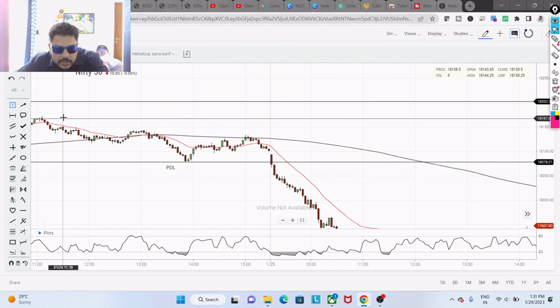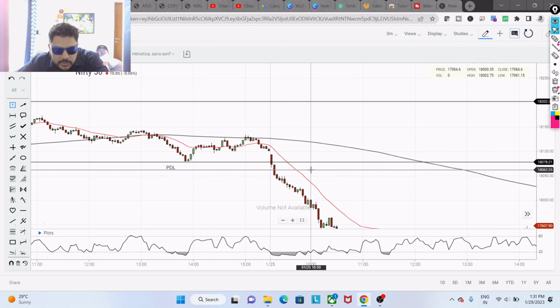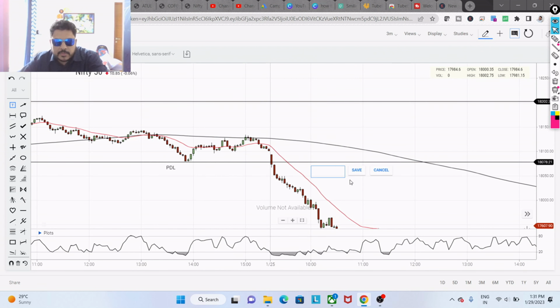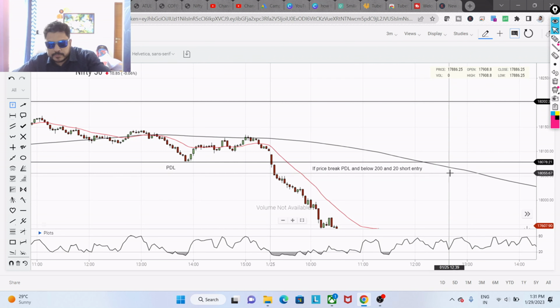What is the indication we are getting here as per the rules? If price breaks the previous day low and below 200, what are we going to do? Short.